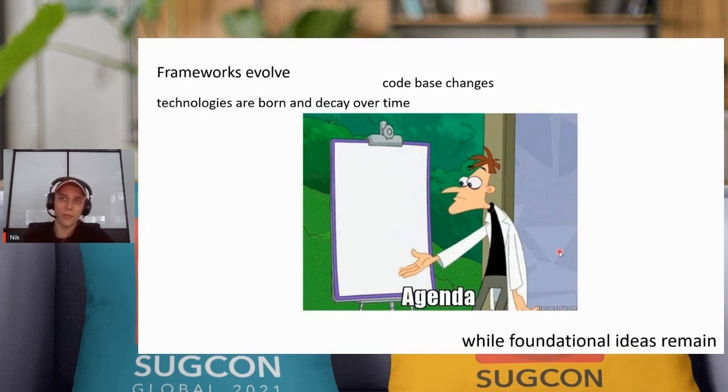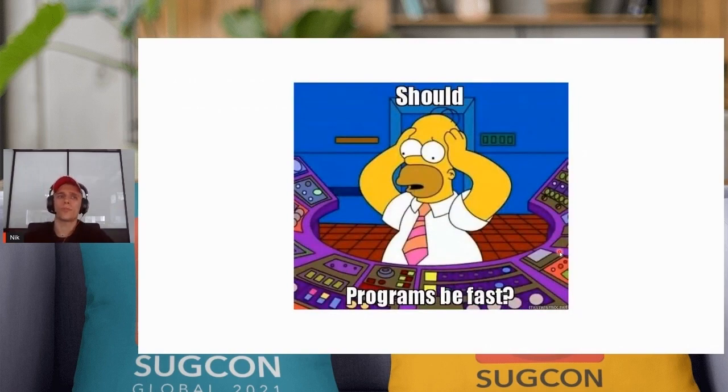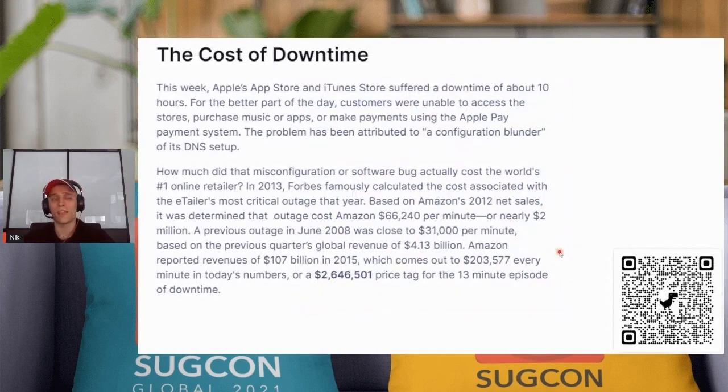The next few slides will be touching agenda topics, and the question to get started is simple. Should programs be fast and reliable? I would expect that you are already here listening to my talk, and I don't need to invest a lot of time convincing you and throwing some sort of general statements that downtime is a pain and can cost a fortune. Like for Amazon, it cost like 2.6 billion US just for 13 minutes.